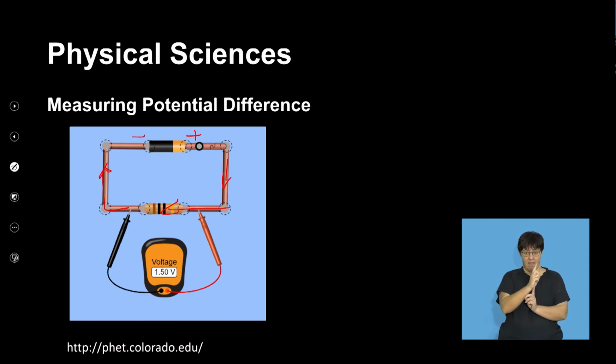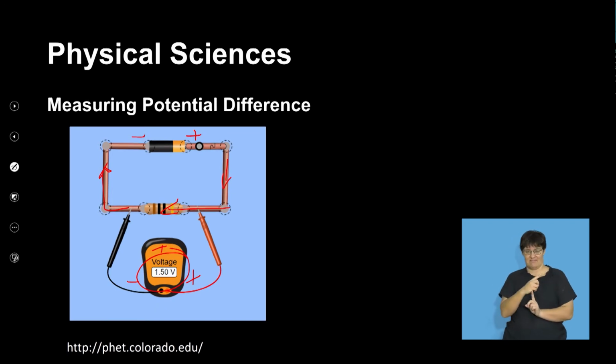And what we're seeing here is this is the positive terminal of the voltmeter, and this is the negative terminal of the voltmeter. You can see where the current is coming in is closest to the positive terminal, and where the current is leaving, it's closest to the negative terminal. The direction of the current across this resistor is from the red to the black. And that's why this is a positive reading here.